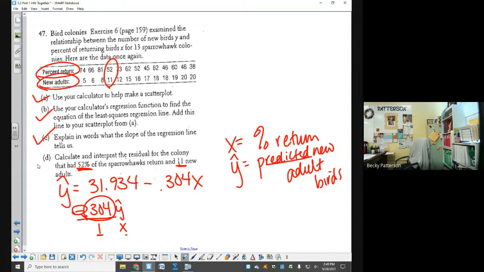Y. The pieces in here are the actual pieces of data. So that 11, that's Y. We're going to get Y hat by using our formula and plugging what in? Do I plug in 11? I plug in 52 for my X. Go find me Y hat.